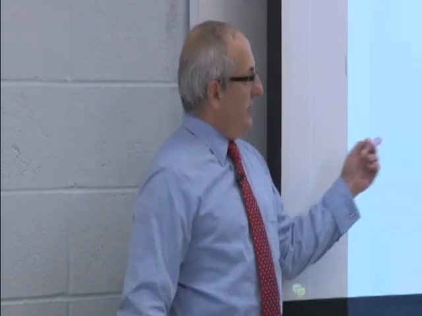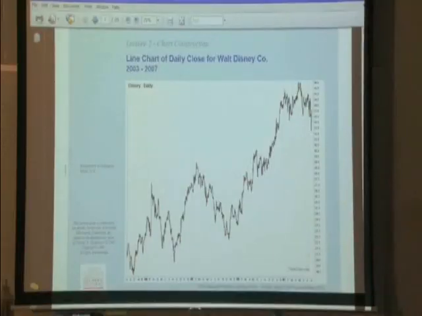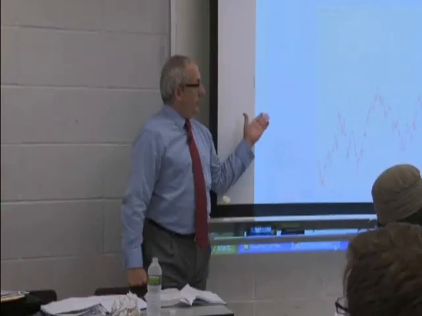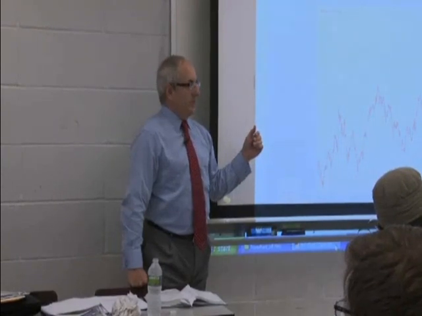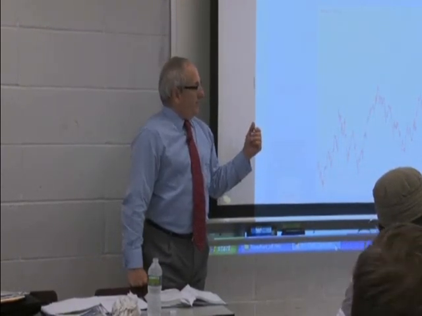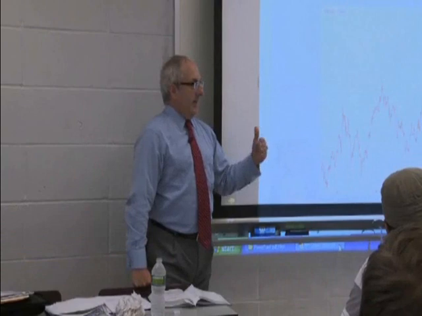So in the beginning there was the line chart, which essentially is a date scale on the bottom. This one happens to be every day, and you just take the close, typically, of each trading day.